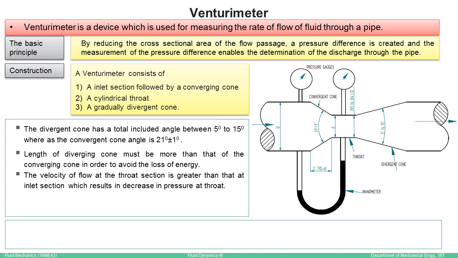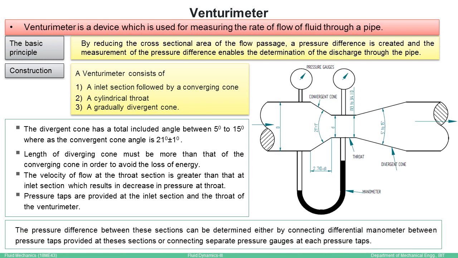So we have to take care in such cases, or we have to measure the vacuum pressure at that point too. Once you find this pressure difference, we can find out Q. There is a derivation in the next slide. We'll understand it for clarity.